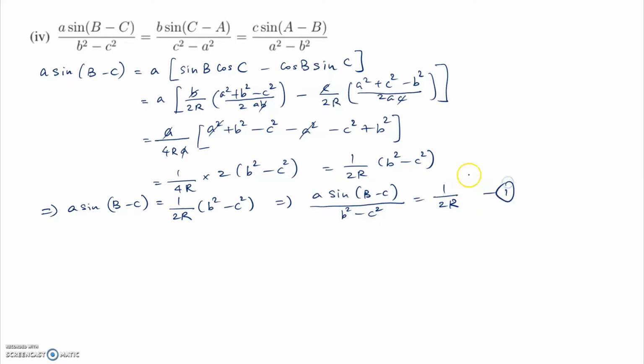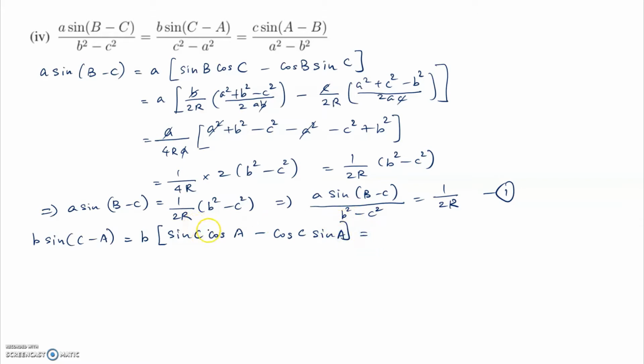Let's call this 1. Now let's take the second part of the question, which is b sine c minus a, and let's use the same method as the first one. So this is b into sine c cos a minus cos c sine a.